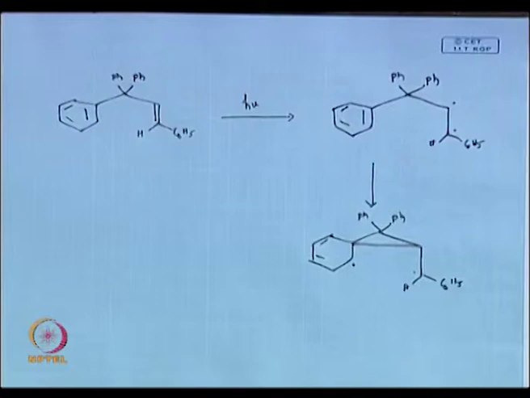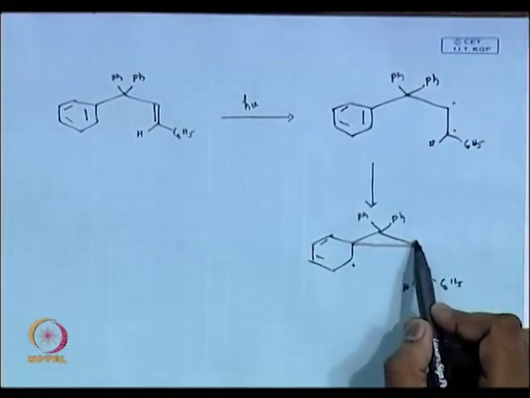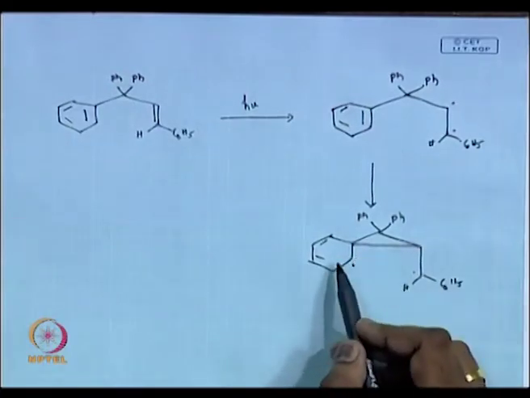Here which bond do you want to break? You have a choice here, you have an A and B. A, yeah, because you want to get back your aromatization, right?